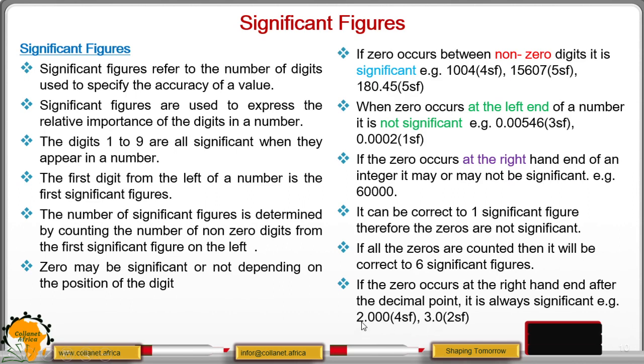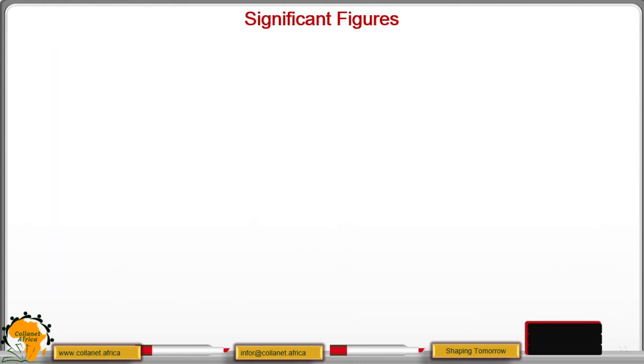For instance, the first one will have 1, 2, 3, 4 significant figures, and this will have 1, 2 significant figures. So it is important to know when 0 is significant and when 0 is not significant. For us to understand that, we need to do several examples, because in mathematics you need to practice a lot. Practice makes perfect. We move to examples.